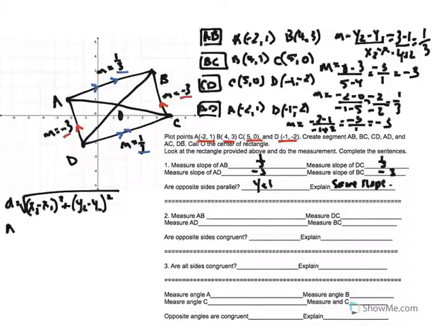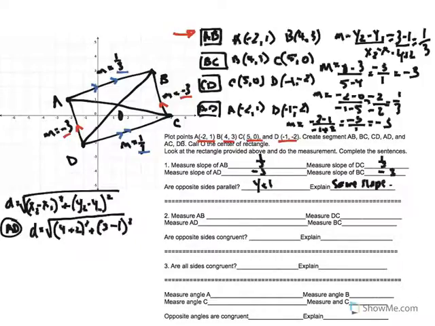So I'm going to start with side AB. So I have A is up here. I'm going to use these coordinates. We have distance equals the square root of x2, which is 4, minus x1, which is -2, squared, plus y2, which is 3, minus y1, which is 1, squared.